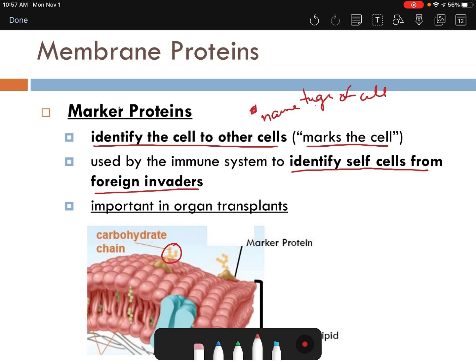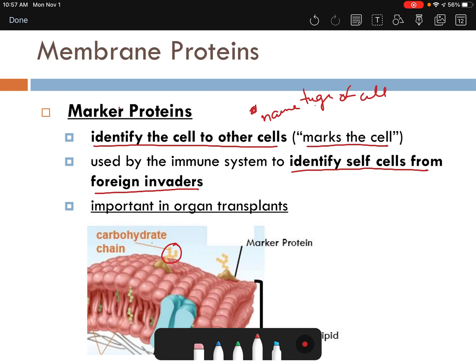The reason you show a response, like when a bacteria or a virus invades you, is because they have proteins on the surface of their cell membrane as well. And if our immune system sees that that's not part of you, it'll try to attack it. And so that's how your immune system works.